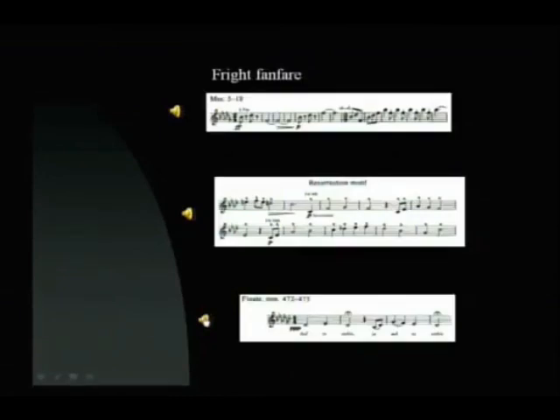Rise again, yes, rise again. And that's the root of the resurrection idea here.